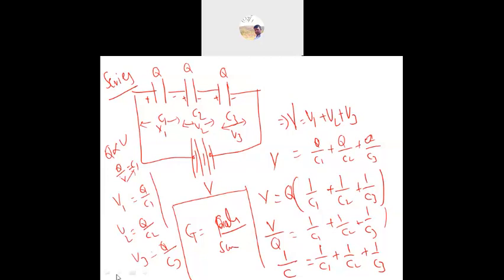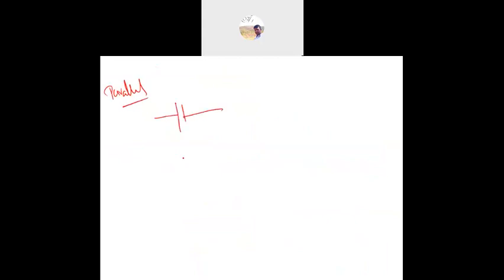If capacitors are connected in parallel, assume three capacitors connected positive to positive and negative to negative, and connected to the voltage source.